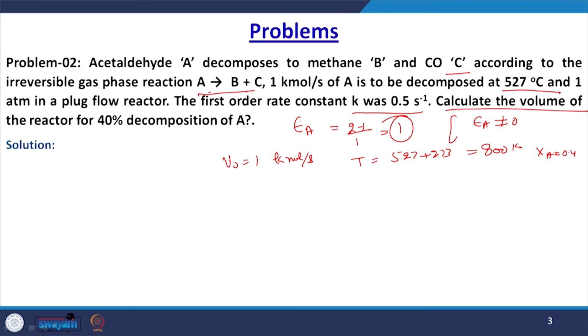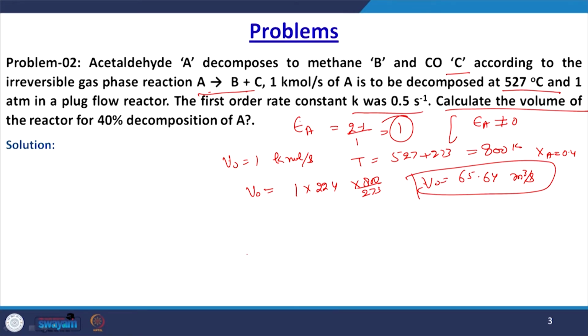You need to calculate the volume. Now in that case, V naught is equal to 1 into 22.4 into 800 upon 273, or V naught is equal to 65.64 meter cube per second.